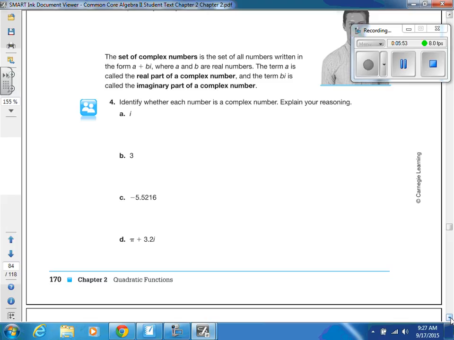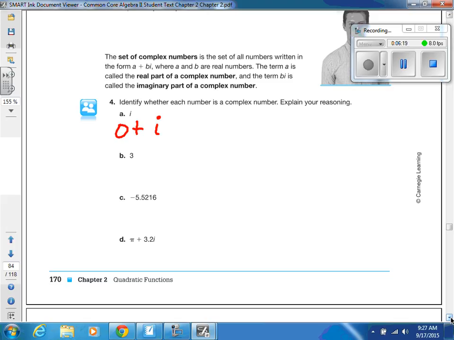Is this a complex number? No? Some people said yes, some people said no. Can I write it like this? Does it have a real part and an imaginary part? So it's a complex number.